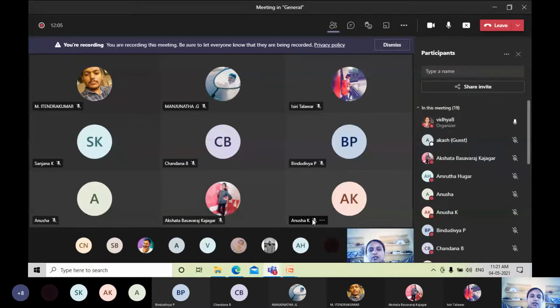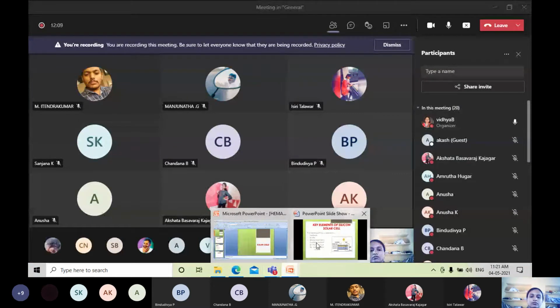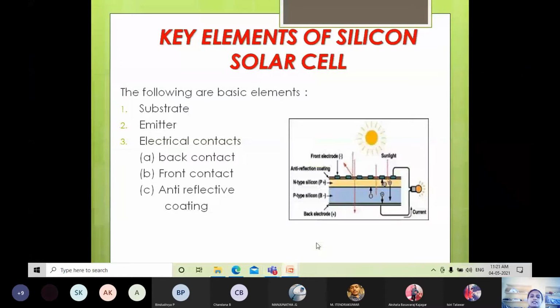In that, first is the substrate. Here they use a P substrate and N substrate. It is a base material. P-type is a base material and it is unpolished.